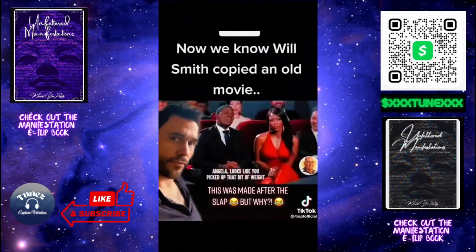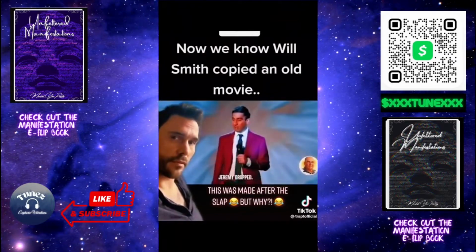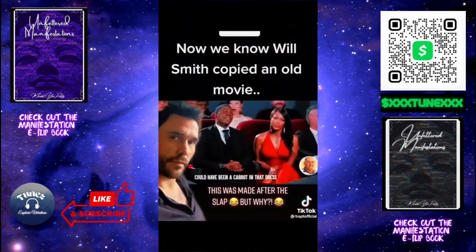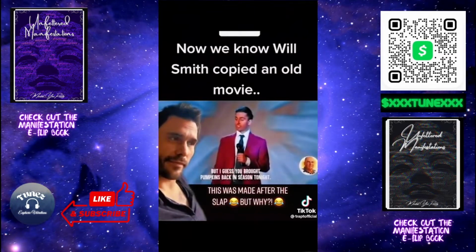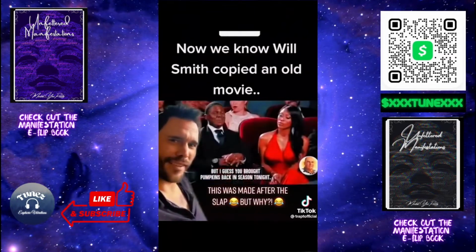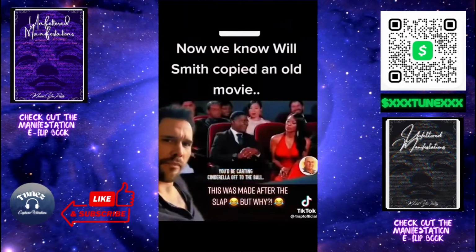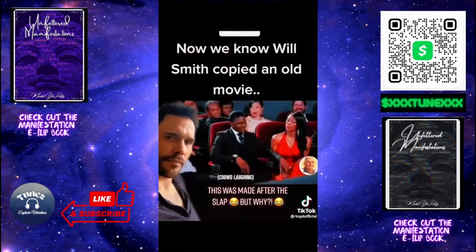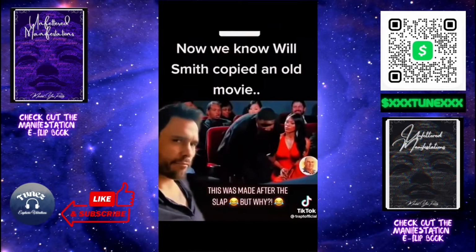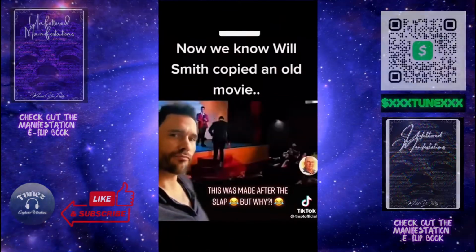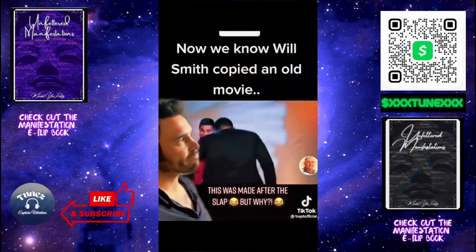Angela, looks like you picked up that bit of weight Jeremy dropped. Could have been a carrot in that dress, but I guess you brought pumpkins back in season tonight. Good thing there's no fairy godmother around. You'd be carting Cinderella off to the ball. Oh, what's this? Elijah taking the stage.